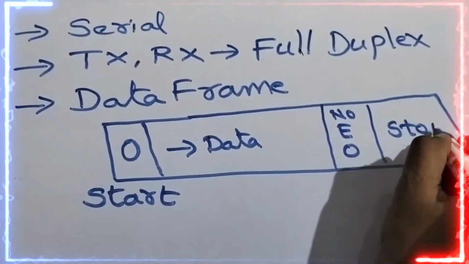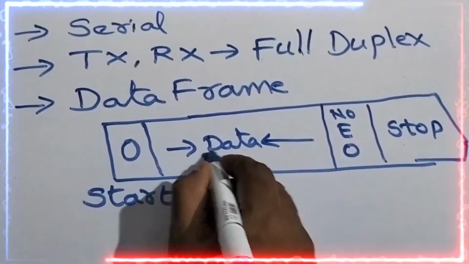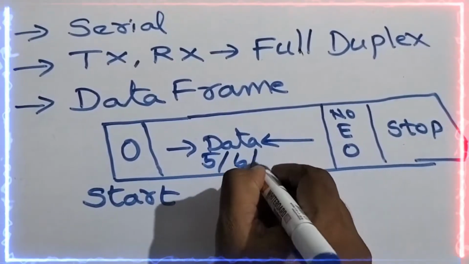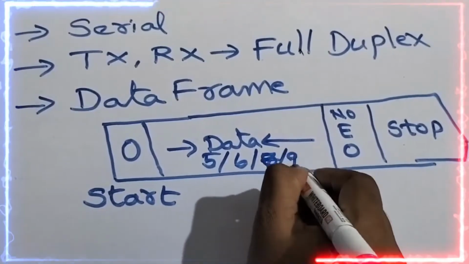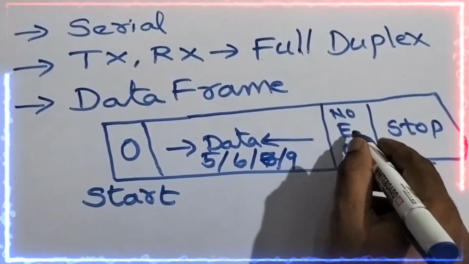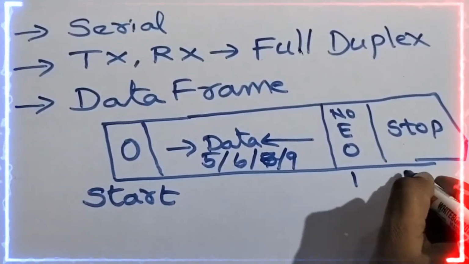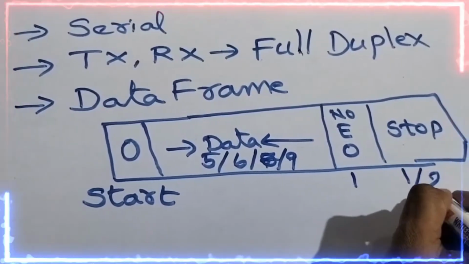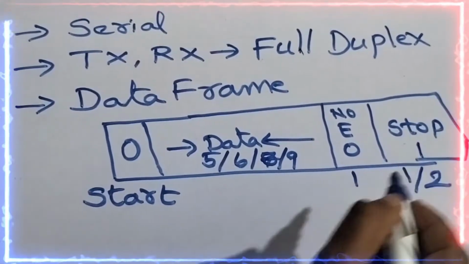The data bits will be 5, 6, 7, sorry, 8 or 9. The parity, no parity, even or odd, will be 1 bit, and the stop bits will be 1 or 2 bits. The stop bit is always 1.